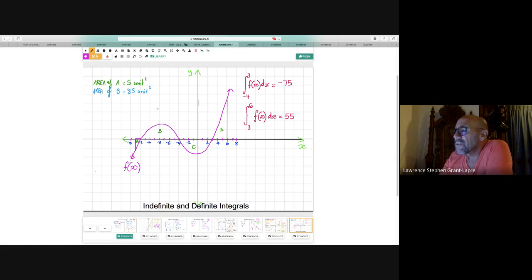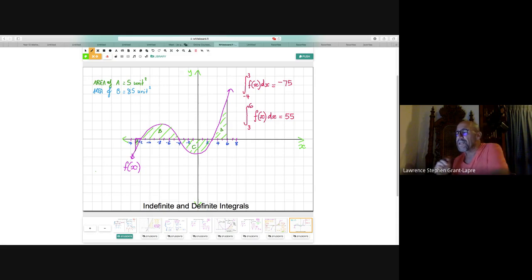C covers this entire area. This is C, all right? And D covers this area between 3 and 6. B covers the area in here, and A is that small area in there.